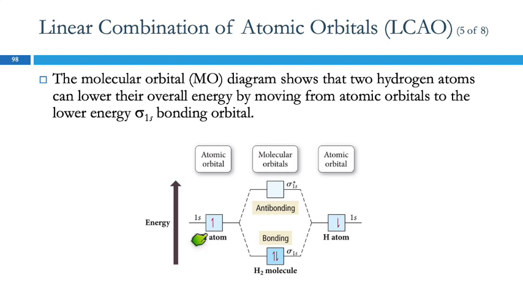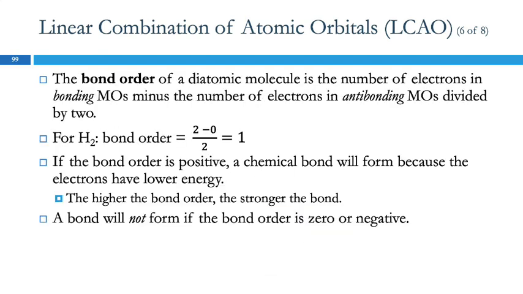So here what we see is that when 2 hydrogen atoms make a bond, the energy is lowered. And that's why hydrogen likes to form bonds. That's why hydrogen is naturally found as a diatomic element. We can talk about the bond order as being the number of electrons in bonding orbitals minus the number in antibonding orbitals divided by 2.